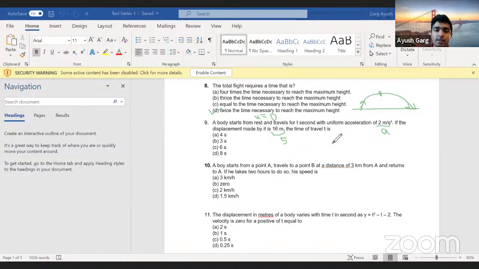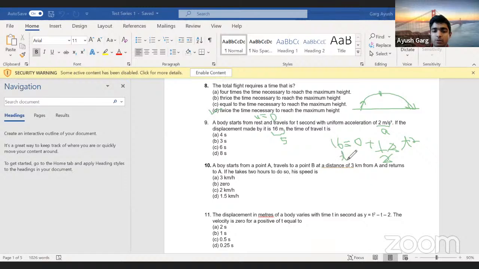S, 16, is equal to UT, 0 into T, 0, plus half into 2, half into 2 into T square. 2 gets cancelled. 16 is equal to T square.